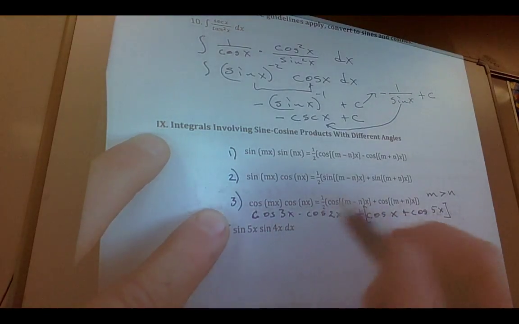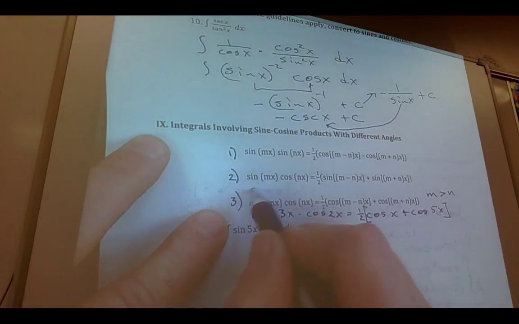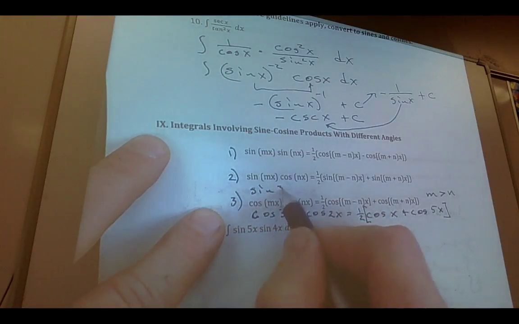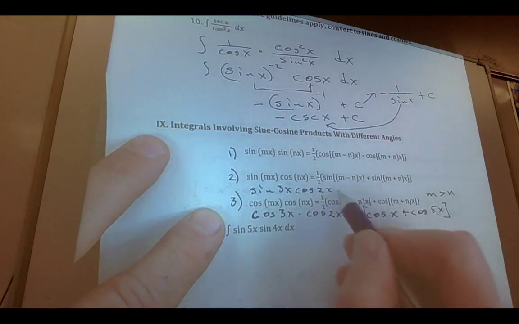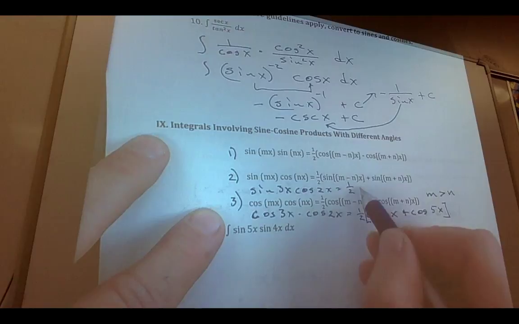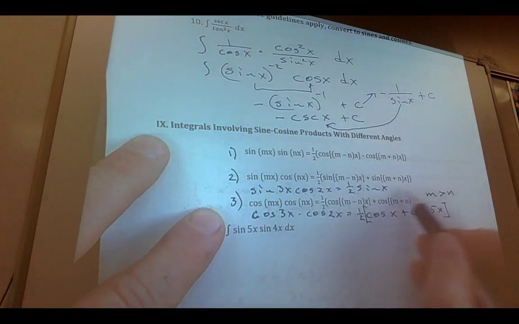And likewise, if I have the sine of 3x and the cosine of 2x, I can write that as 1/2 the sine of x plus the sine of 5x.